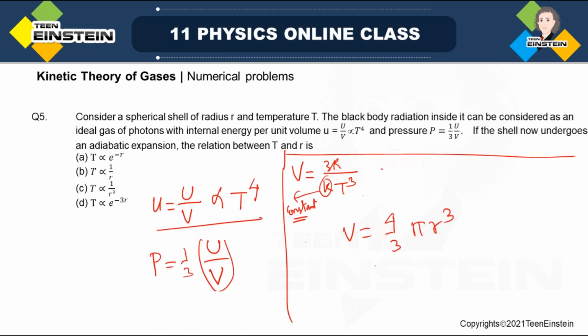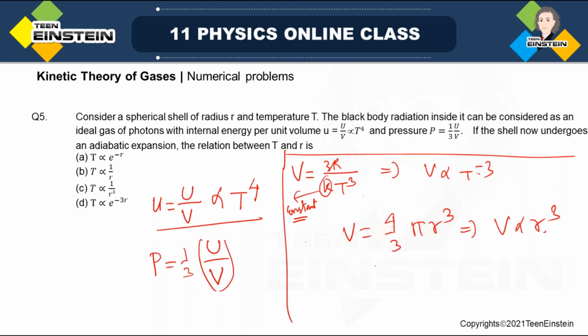So in this, V is directly proportional to T to the power minus 3. And from here, we can say V is directly proportional to r to the power 3. So this is what we have got.